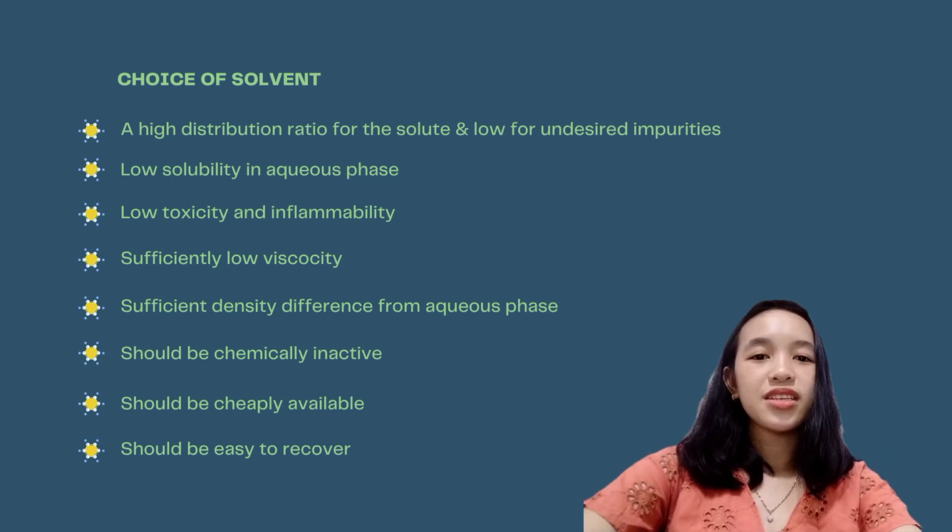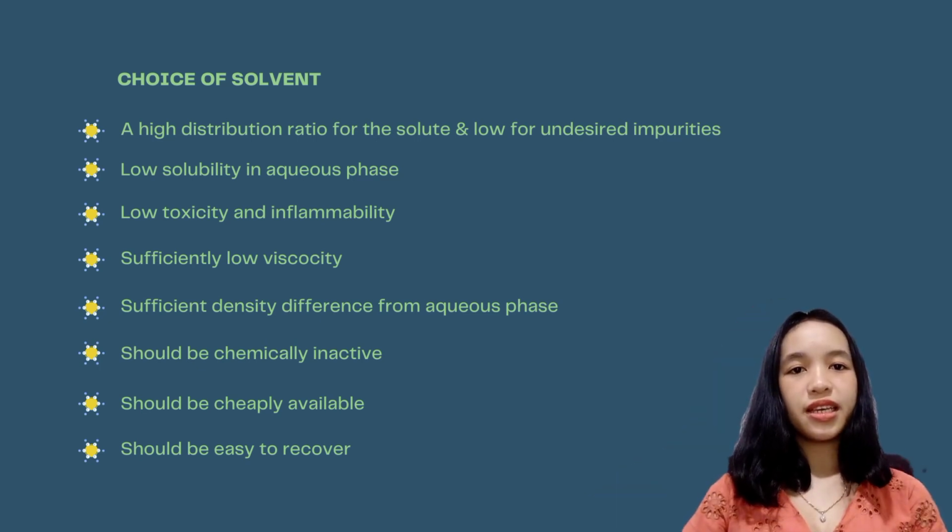The third one is low toxicity and inflammability, which means it should not create or catch fire. Next, sufficiently low viscosity. Viscosity means the state of being thick and semi-fluid in consistency due to internal friction. The viscosity should be very low because we have to mix it with the aqueous layer and shake it.